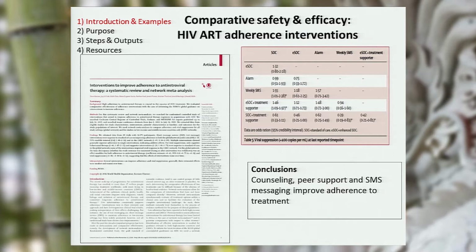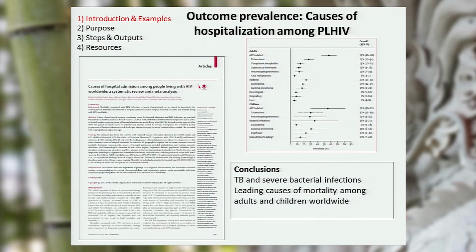Yeah. So standard of care, this ESOC is the enhanced standard of care, and you can see these are different interventions compared to other interventions. So alarm compared to weekly short message. And basically, counseling, peer support, and short messages can improve adherence to antiretroviral treatment.